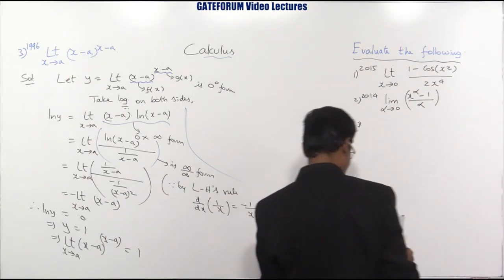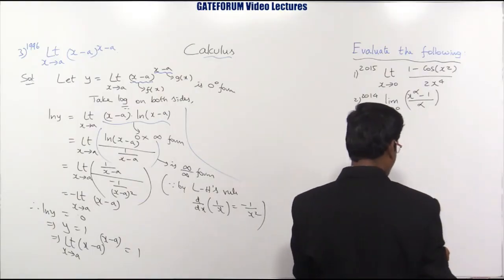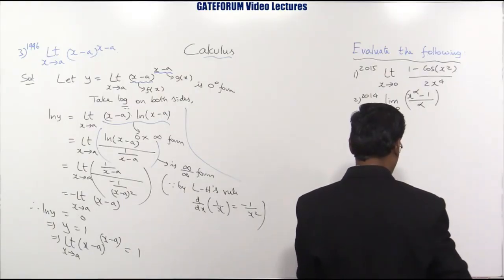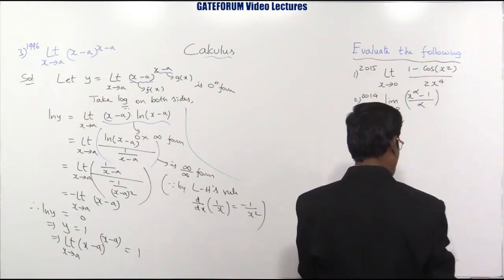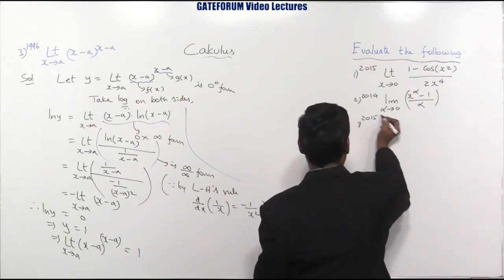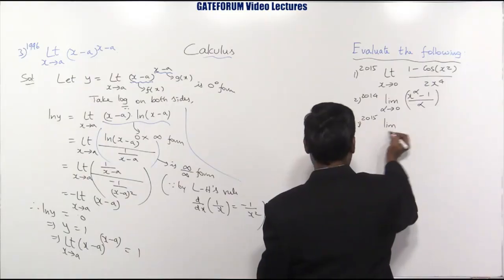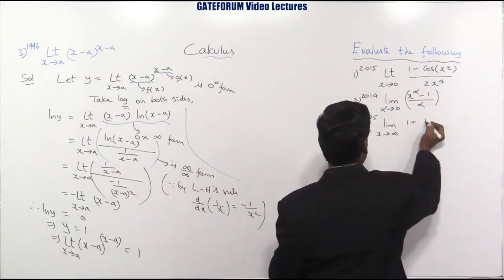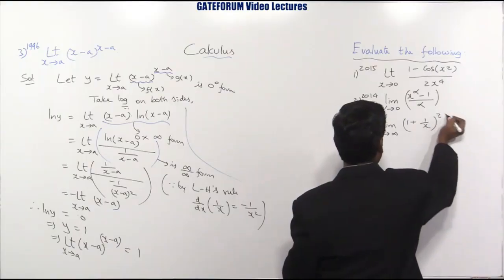Number 3, 2015: limit x tends to infinity of 1 plus 1 by x whole to the power 2x.